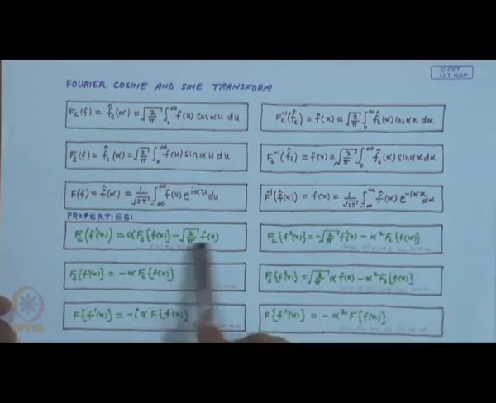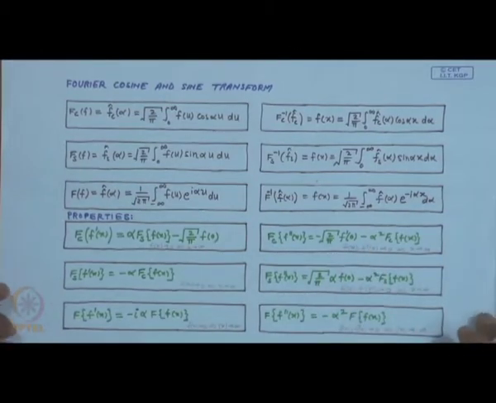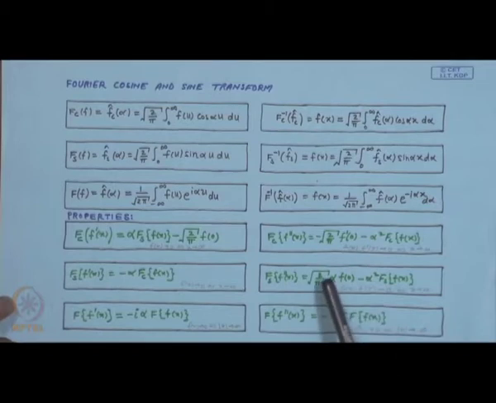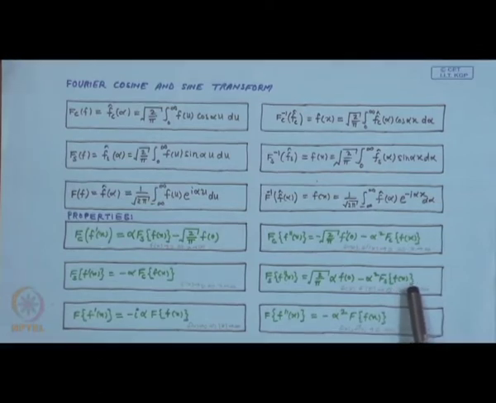So these are the conditions other than the existence conditions. Similarly, for the sine transform, the Fourier sine transform of f prime(x) is simply minus alpha times the Fourier cosine transform of f(x), and the Fourier sine transform of the second derivative is square root of 2 over pi alpha f(0) minus alpha squared times the Fourier sine transform of f(x).